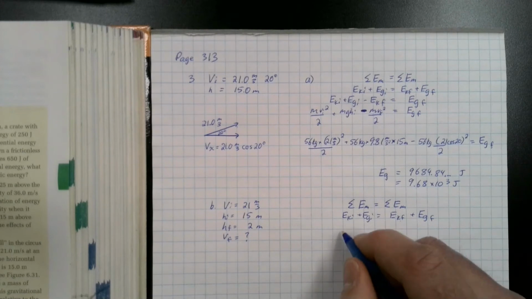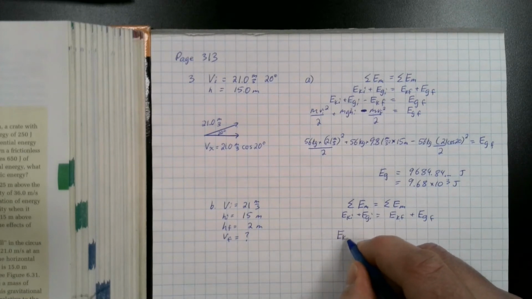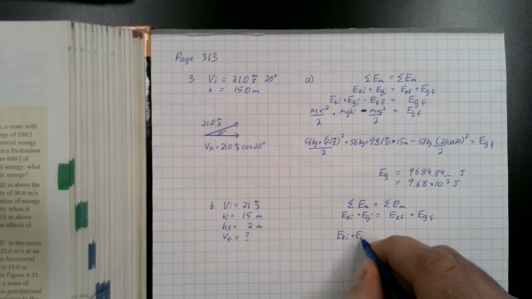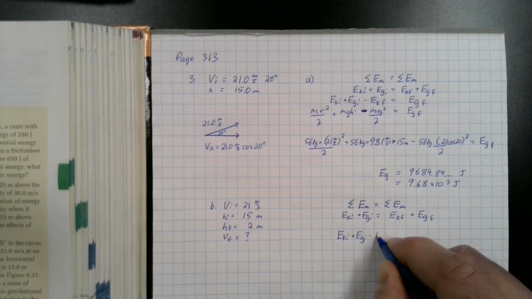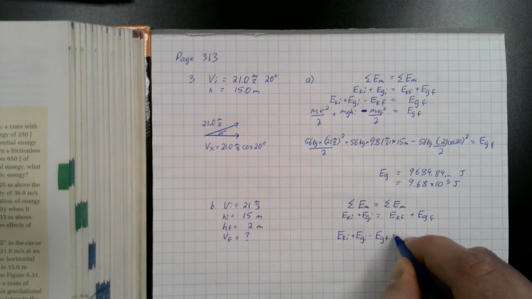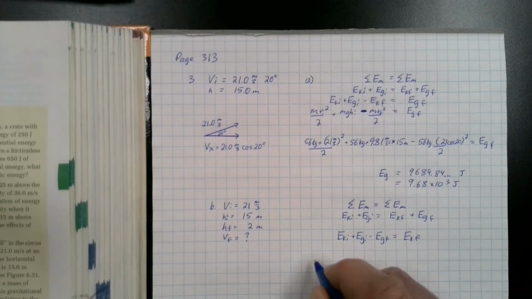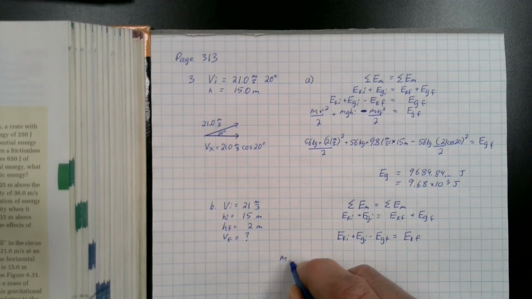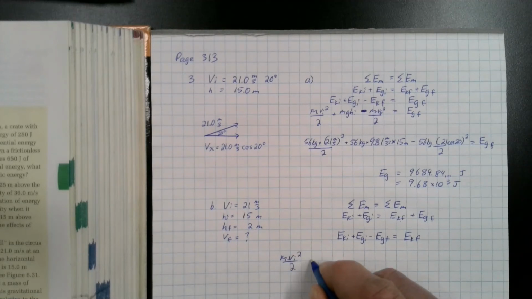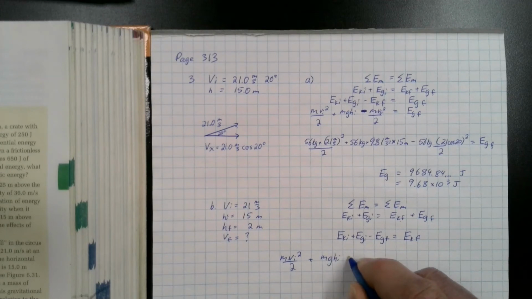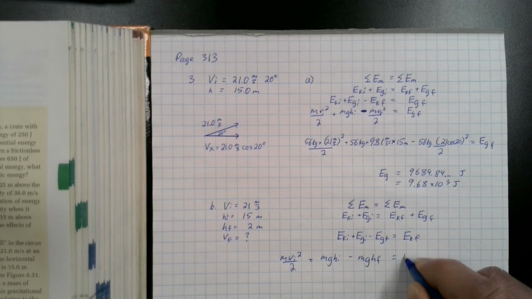So when we do that, we're going to have our kinetic energy initial plus gravitational energy initial minus gravitational energy final equals EK final. So substituting in equations, we're going to have mass times the velocity initial squared divided by 2 plus mgh initial minus mgh final equals EK final.